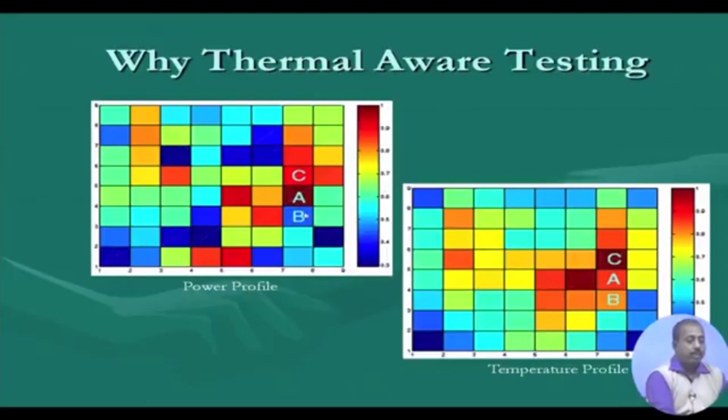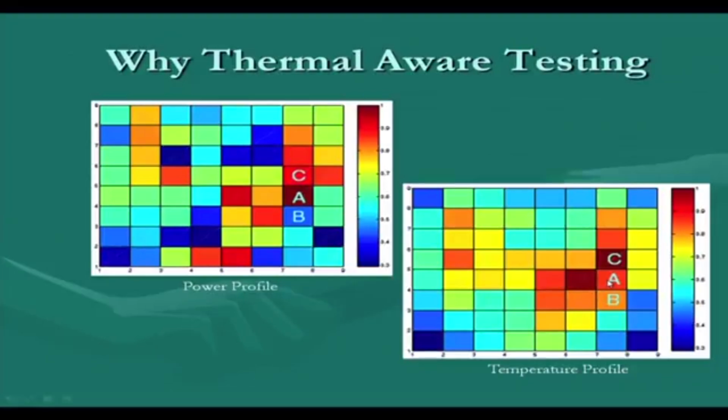On the other hand, if we look into the temperature profile, we may find that block A is not that much of a concern, but block C is more of a concern, and this block is also a concern. Previously, block C and this one were not of much concern, but when we see the temperature profile, C is more heated than A, and this particular block on the left side of A is also more heated than A. Why does this happen?